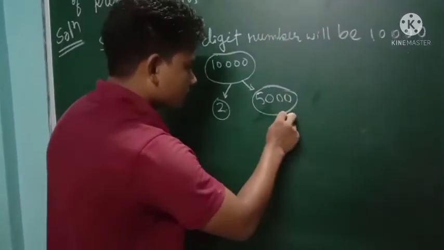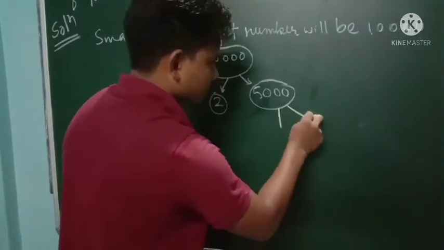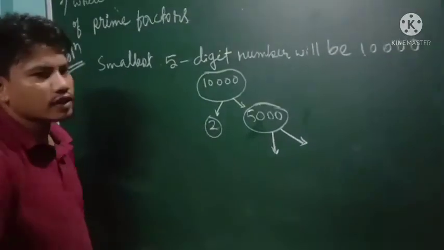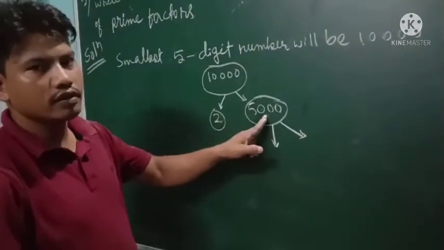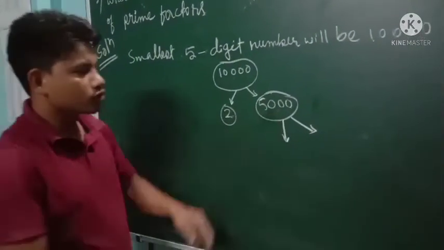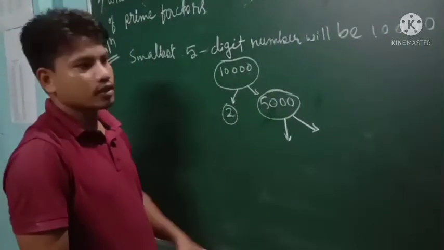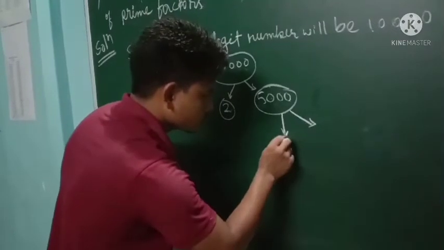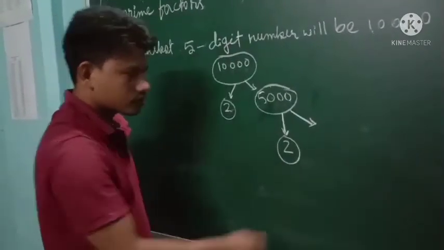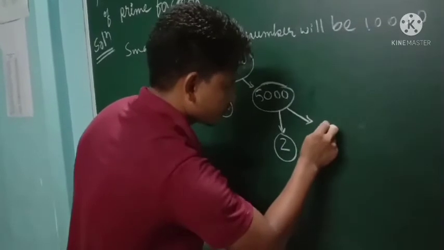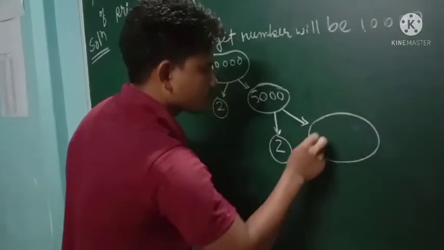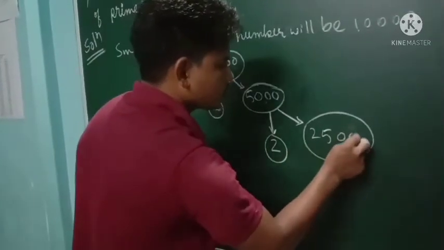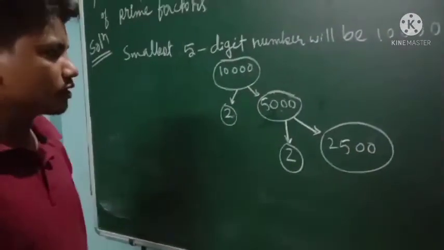So this 5,000 we have to write again: 2 and this side 2500.